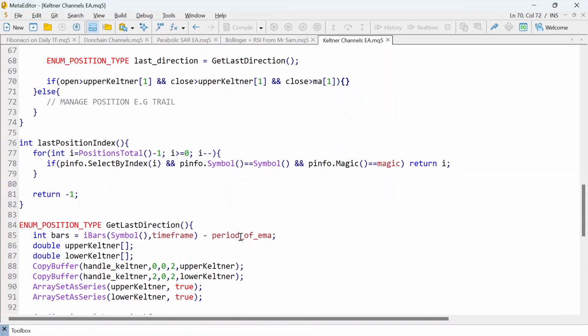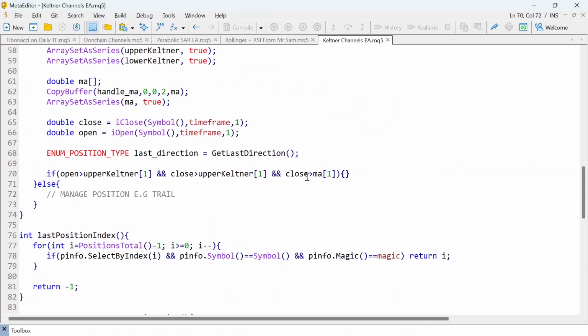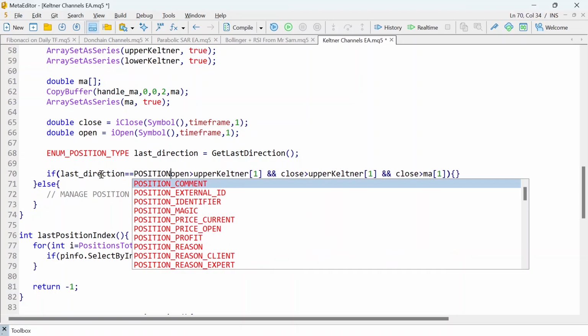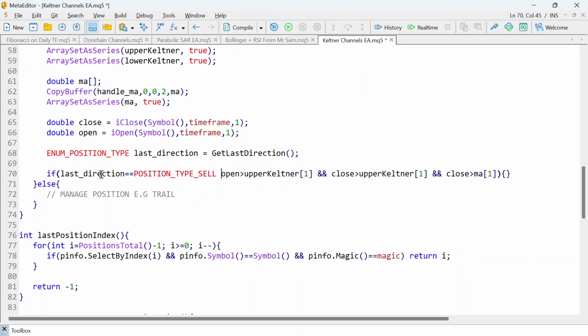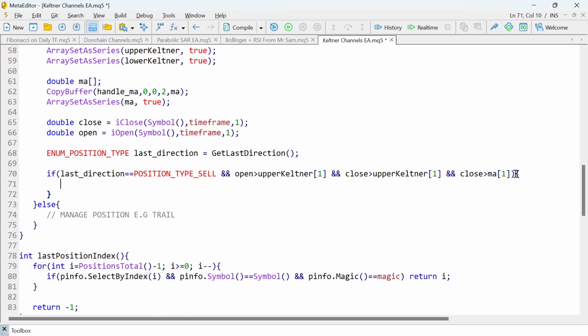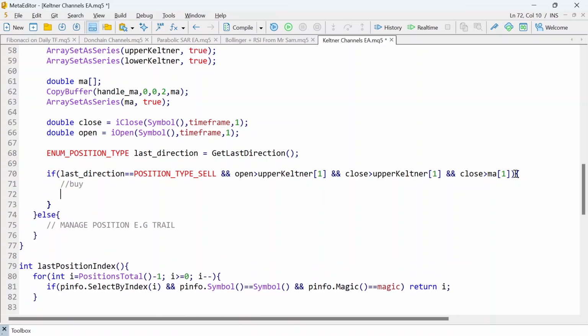So that's good. So we can say if the last direction is of position type sell, that is when we should even consider this. And after considering it and it is true, we can then buy, right?